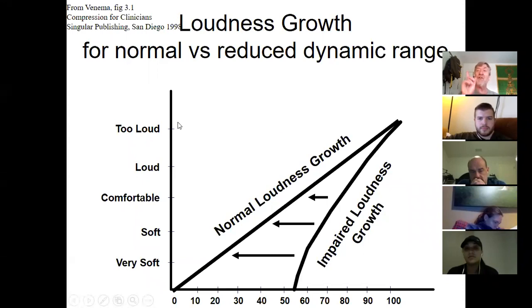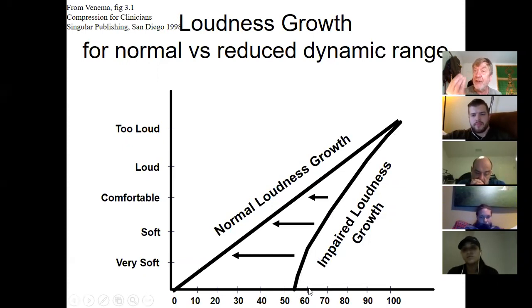So your loudness tolerance, your ceiling, is identical to someone with normal hearing. But look at your loudness growth. Follow my cursor. Look at how steep this black line is. Because growing from a baby into an old man, it happened over a 50 decibel range. Whereas with normal hearing, the growth from a baby to an old man took place over 100 years.